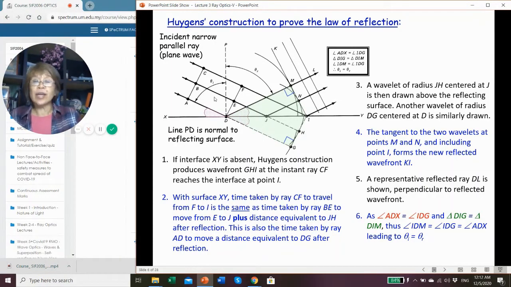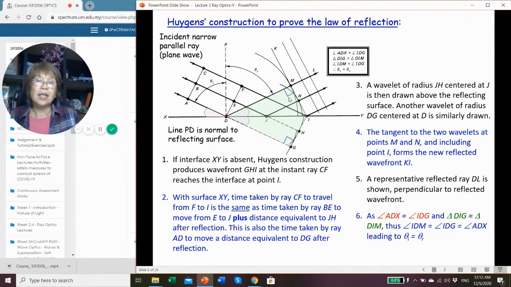All right, now let's look at the angles. This is the incident angle, and this would be 90 degrees minus theta I. This angle is equal to this angle from geometry. And this is a right angle triangle. This is also a right angle triangle. They share this side.